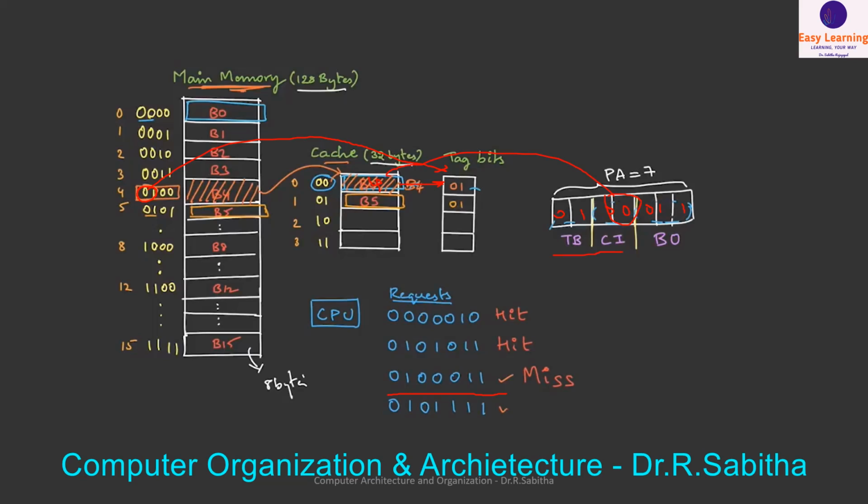The corresponding tag bits will be taken and compared with the tag bits in the physical address. Both are the same, so it is going to be a hit. This hit has occurred only after we have transferred one block back to the memory and replaced it with the new block. This is how you will be performing this direct mapping technique.